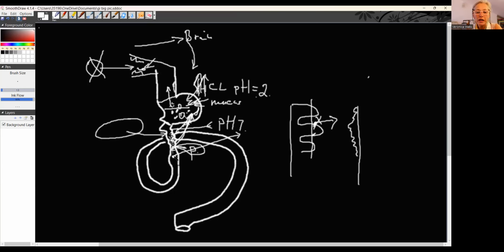If you don't create this osmotic gradient because of lack of production of secretin, as a result, absorption of water is decreased. What can you expect from that? Dehydration.